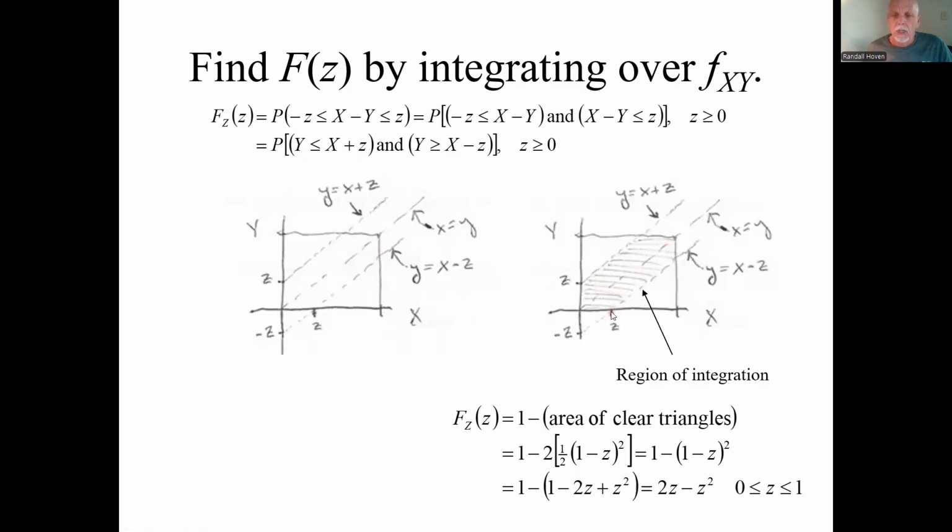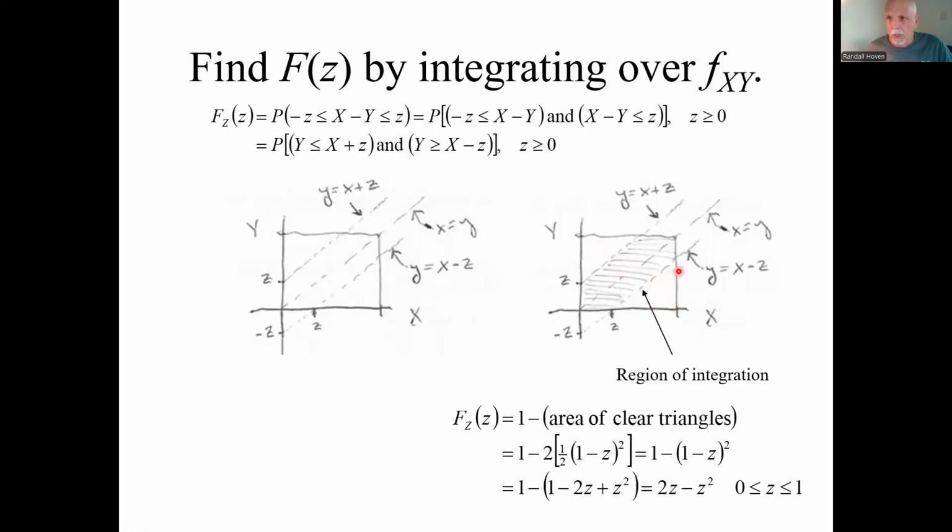Pick any z, and you'll have to pick a z between 0 and 1. And this is the shaded region to integrate over. All we have to do now is find the area of this shaded region. Now, the easy way to do it, I think, is 1 minus the area of these two clear regions.